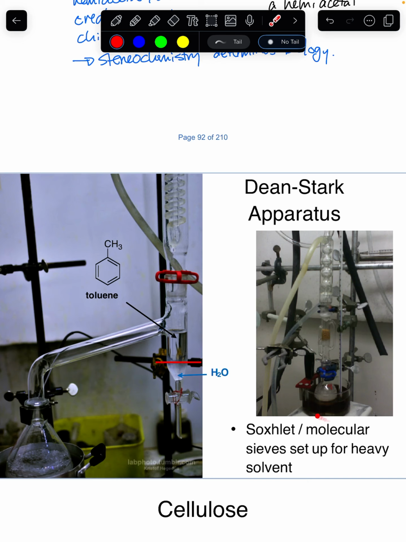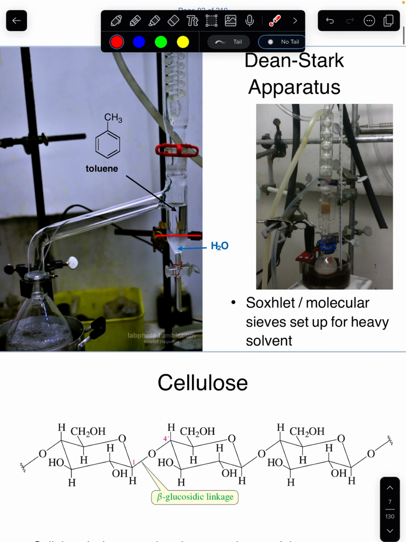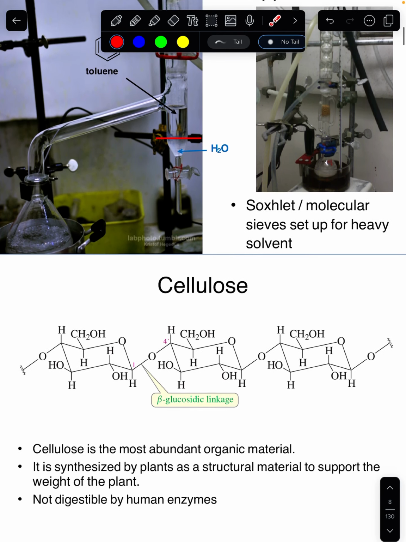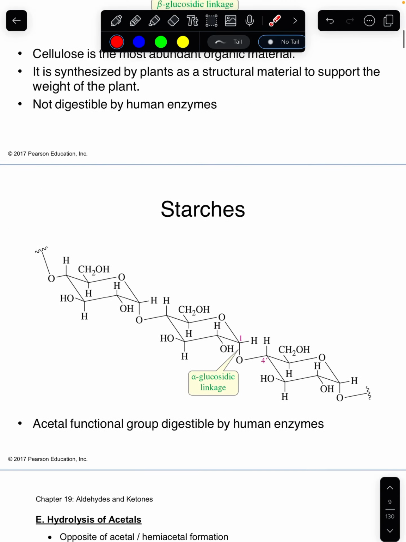We've published on this a little over 10 years ago, but you could use an oxalate apparatus to run this through so that the heavier solvent gets filtered through molecular sieves that would mop up or absorb moisture before it gets dropped down into the flask for refluxing.